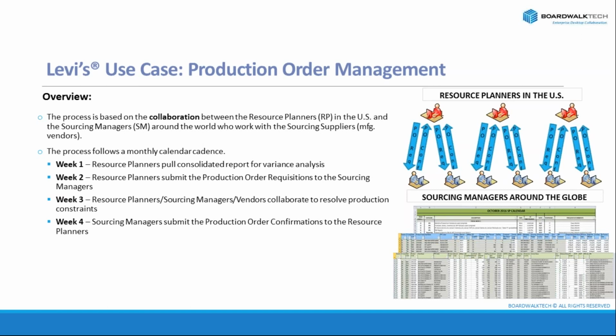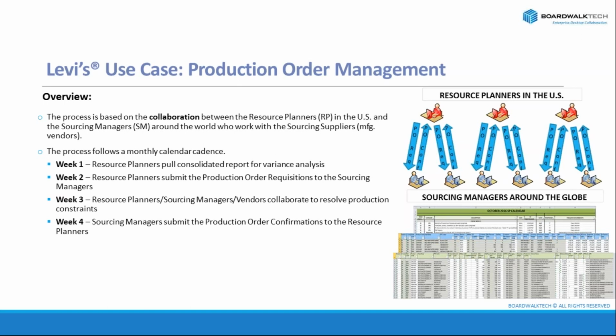In week 3, the resource planners, the sourcing managers, and the sourcing suppliers, who are our vendors, will interact with each other to load level the production capacity and propose a production schedule. This is an iterative process until a tentative plan is put in place.